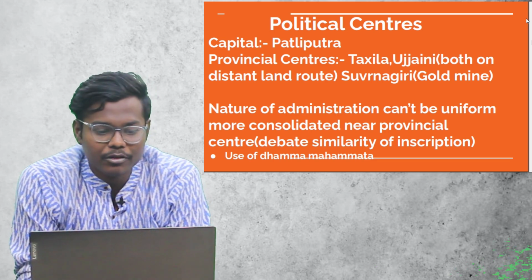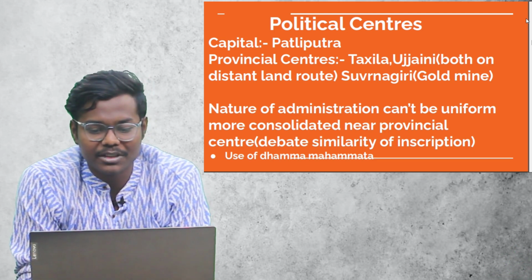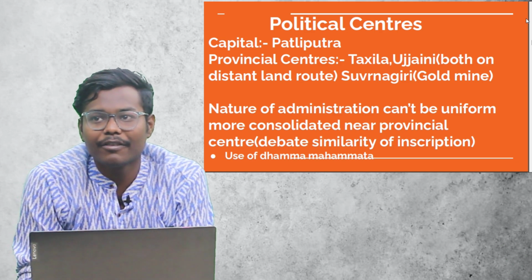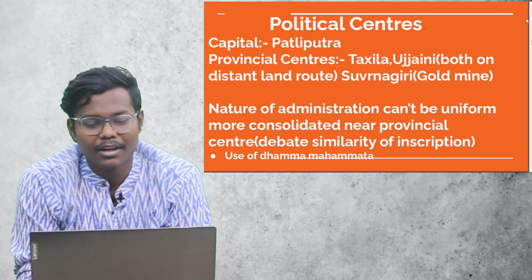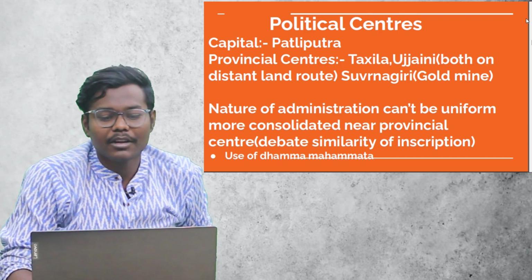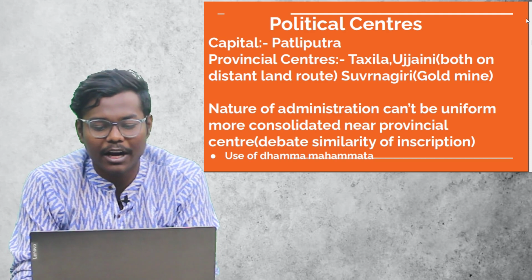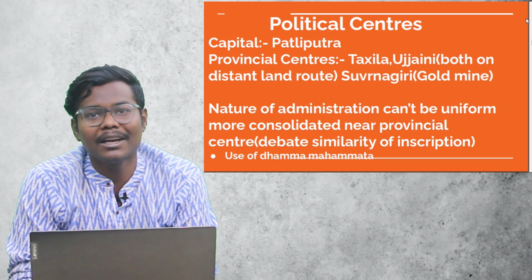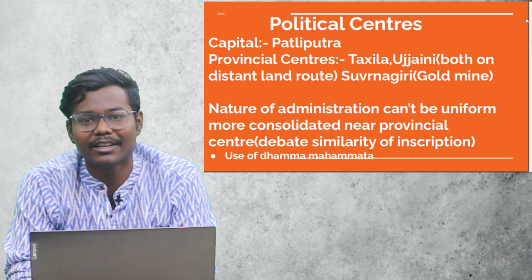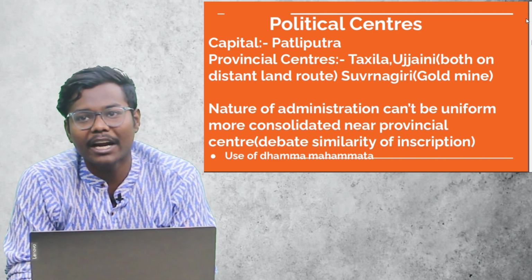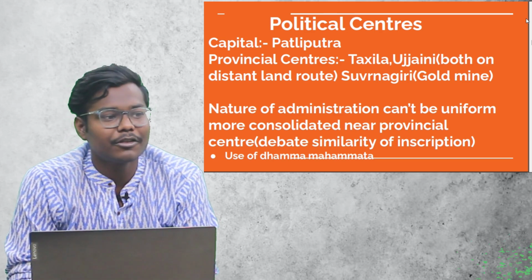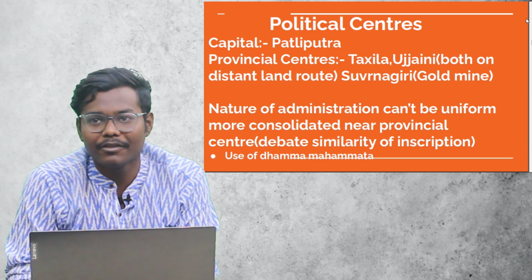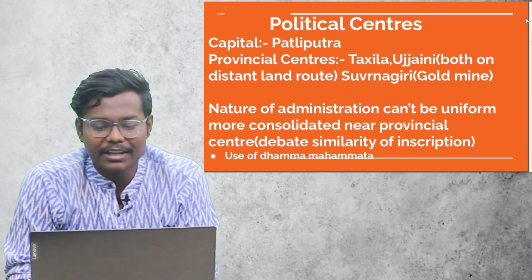Then we will move to the nature of administration. Some historians argue that the nature of administration during this time was uniform, and the argument they give is that the inscriptions we find from east to west have huge similarity, and because of that similarity there is uniformity.